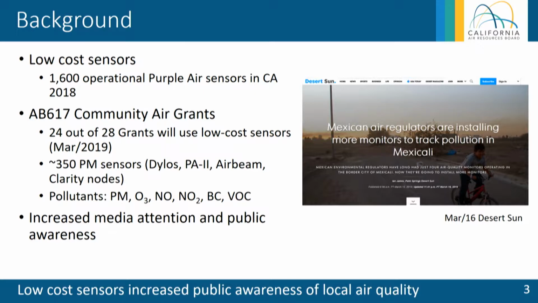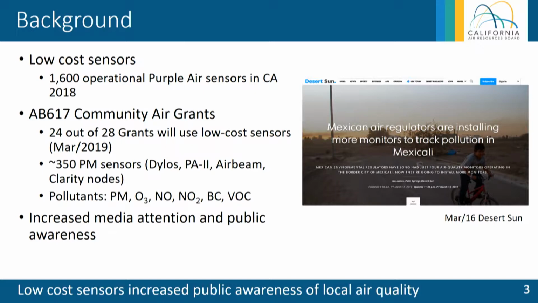They are also available to community members and citizen scientists, and there's lots of information on the web on how to build sensor air quality monitoring stations. Looking at the community air grants, 24 out of 28 grants use low-cost sensors, with about 350 PM sensors going to be used.